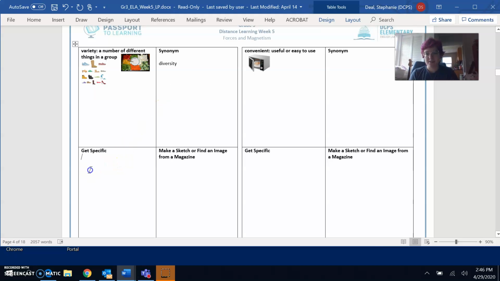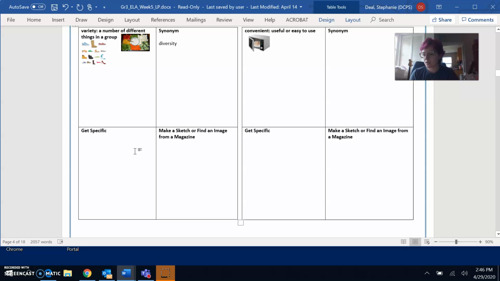To get specific, I'm going to include my sentence. I have a variety of cookies for dessert. So in my example, I might say that I have chocolate chip cookies, sugar cookies, gingerbread cookies, and M&M cookies. So I have a bunch of different types, which means I have a variety.